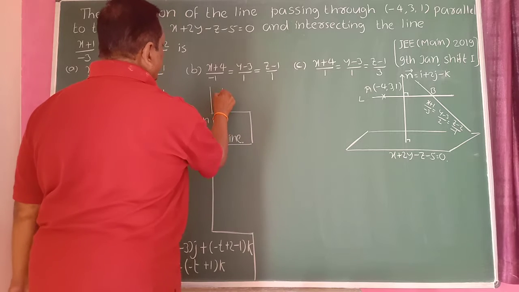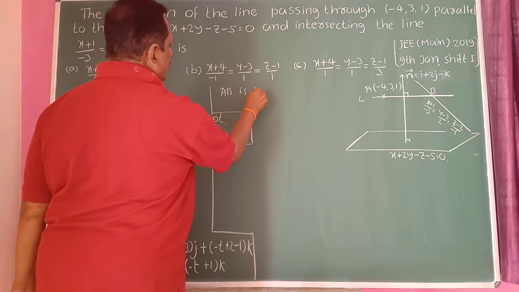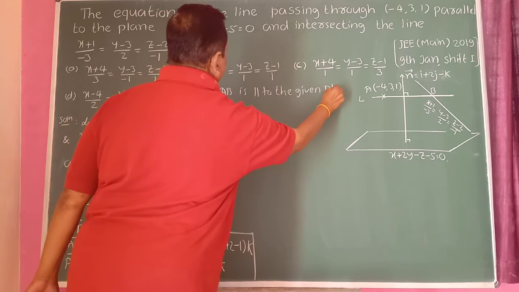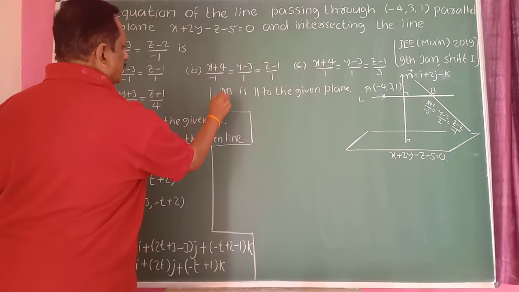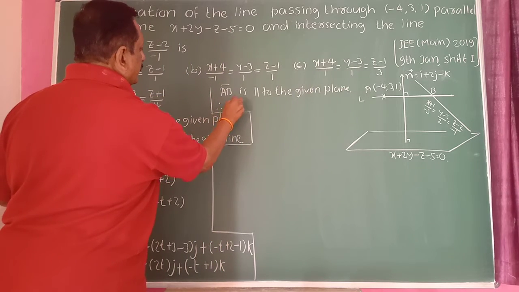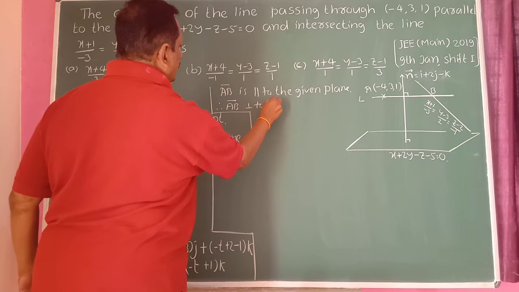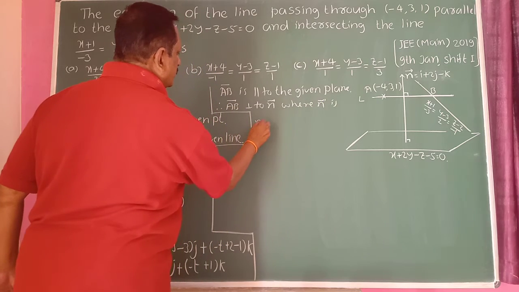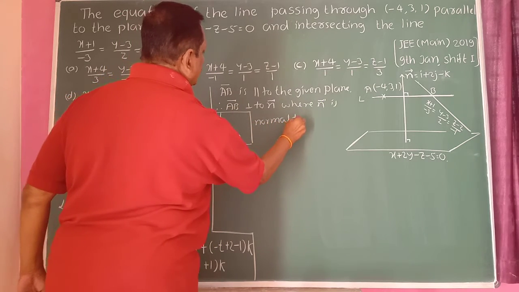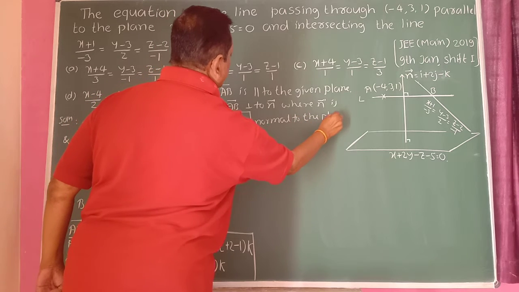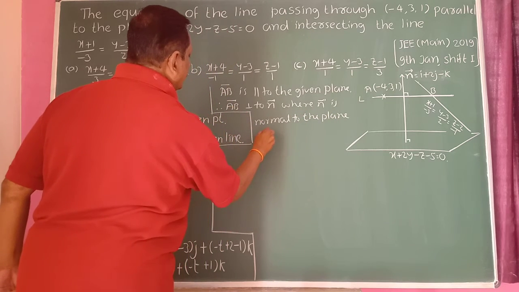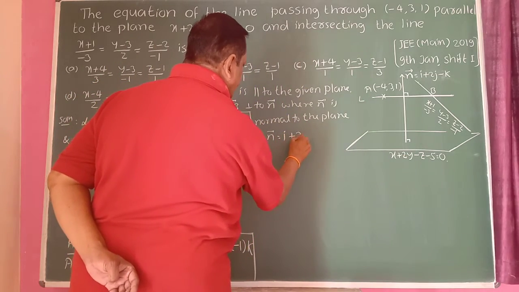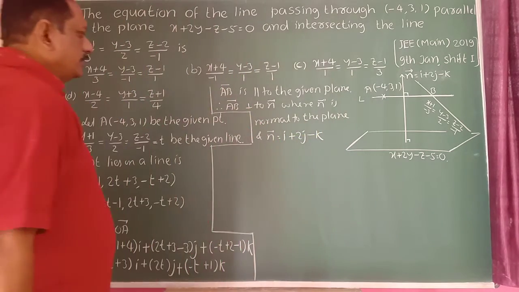Therefore AB is perpendicular to n bar, where n bar is the normal to the plane, and n bar = 1i + 2j - k.